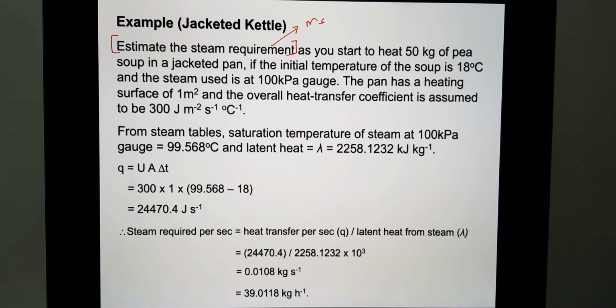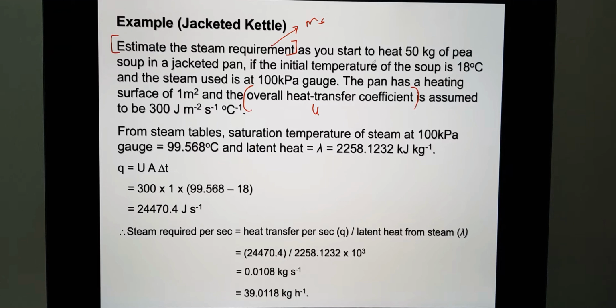The pan has a heating surface of 1 meter square, and the overall heat transfer coefficient, you need to know which parameter certain terms belong to, so this one is U. The overall heat transfer coefficient is assumed to be 300 joule per meter square second degree Celsius.